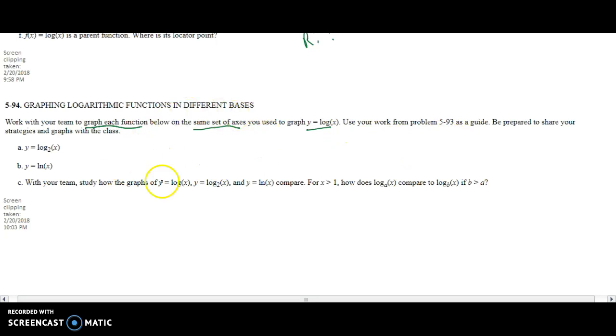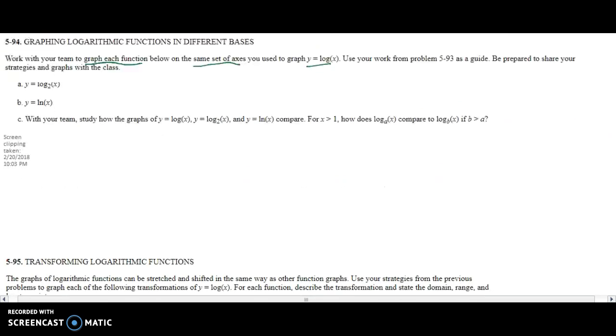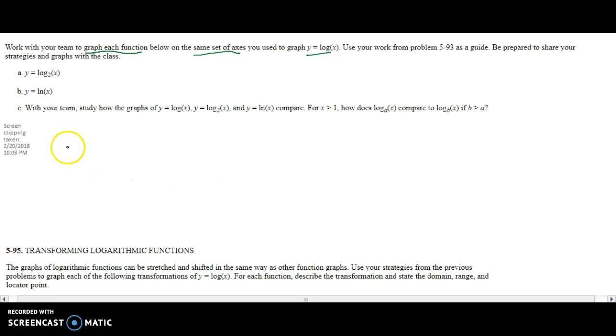So all this should be in one graph on the same set of axes, and then you can compare these three different equations, and then ask, for x greater than 1, how does log base a of x compare to log base b of x, where b is greater than a?